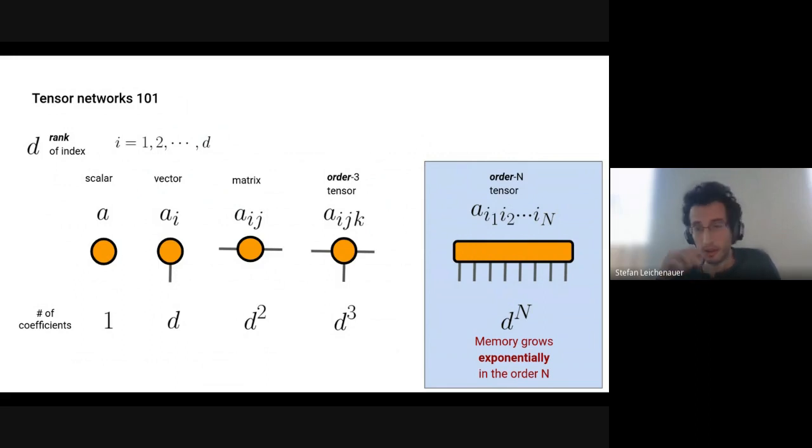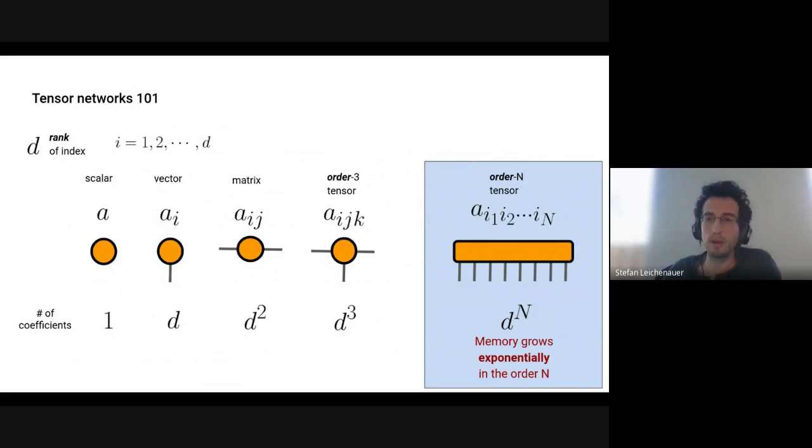And the difficulty here is that the number of coefficients in a tensor, the number of numbers in a tensor, rises exponentially with the number of legs. So if each constituent local vector space has dimension d, then adding a leg multiplies the number of coefficients by this number d.